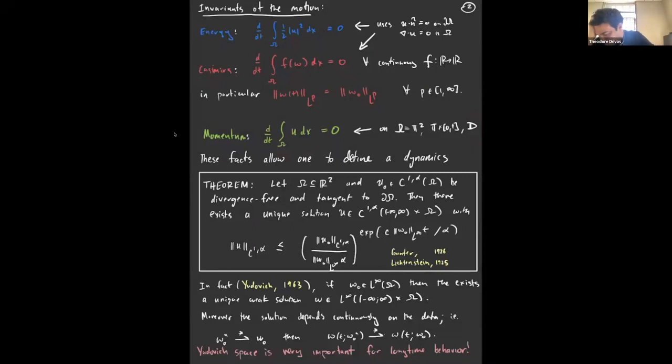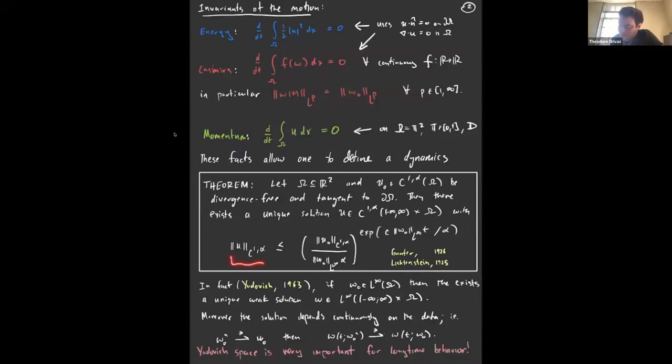Okay, so the first point is that the fact that you have these conservation laws allows you to prove global well-posedness of the 2D Euler system. So this is a very classical result, that if you take a velocity field which is, say, C^{1,alpha}, so one derivative is Hölder continuous with exponent alpha, which just means, in this case, the vorticity is Hölder with exponent alpha, then there's a solution in that class for all time.